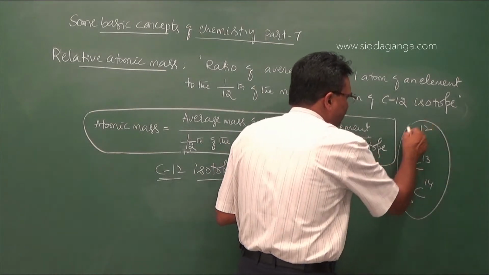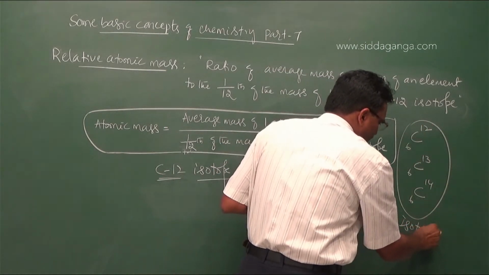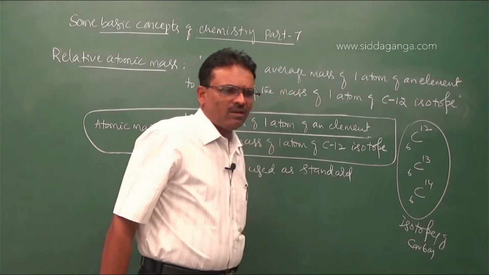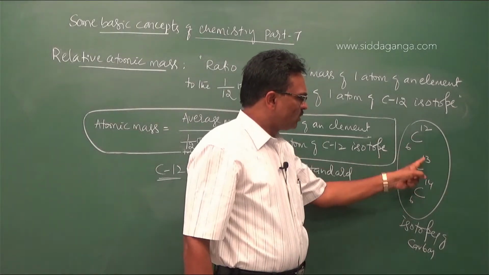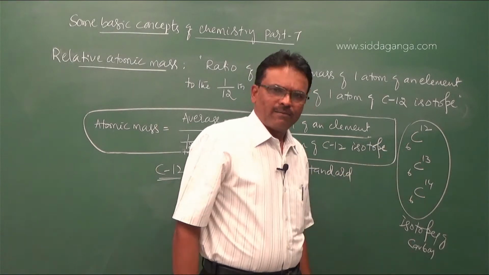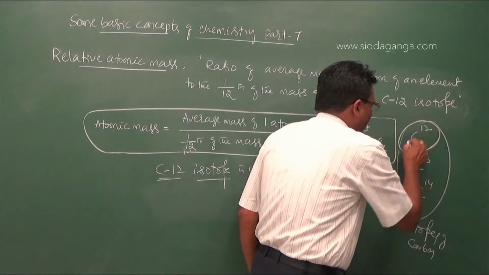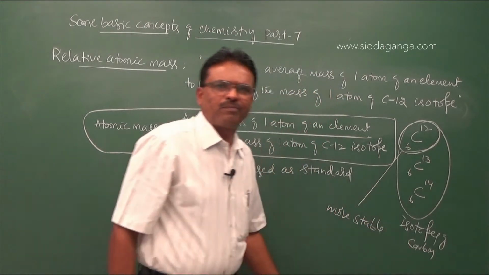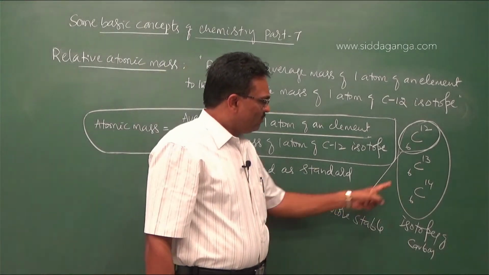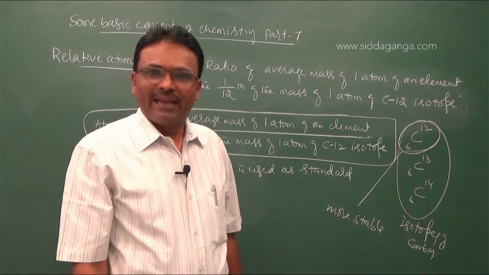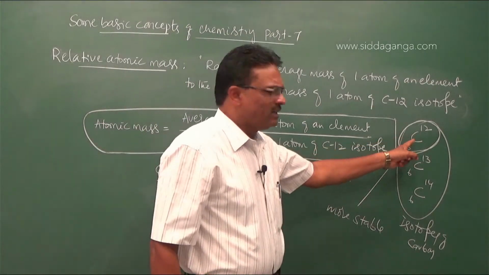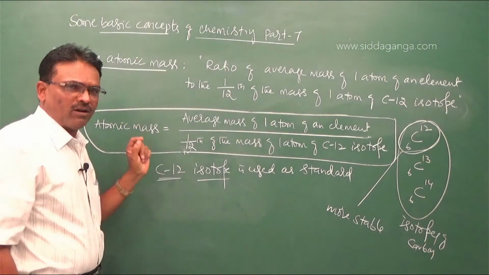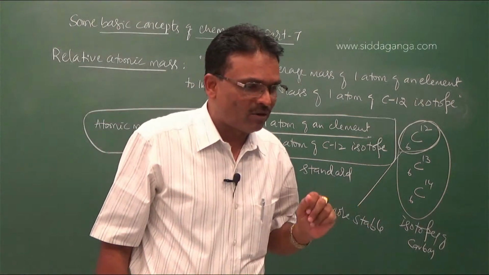So these are all the isotopes of carbon. Among these three, carbon 12 isotope is the more stable. So it is the more stable isotope of carbon. Hence, carbon 12 isotope is used as a standard while determining our relative atomic mass and also relative molecular mass.